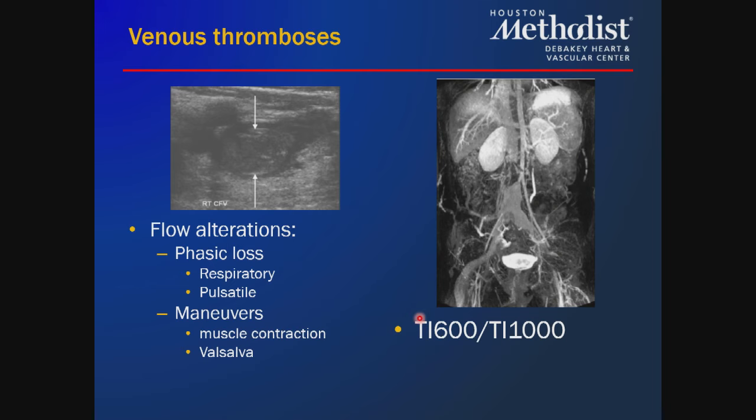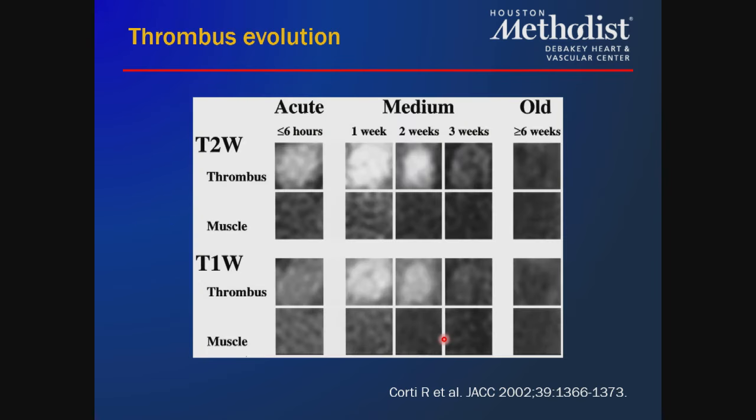On MRI, we can actually do something called the TI-600, where, because the thrombus won't pick up contrast, it will tend to appear dark and black, with some exceptions. It turns out when thrombus first manifests, it actually has shorter T1 and longer T2.